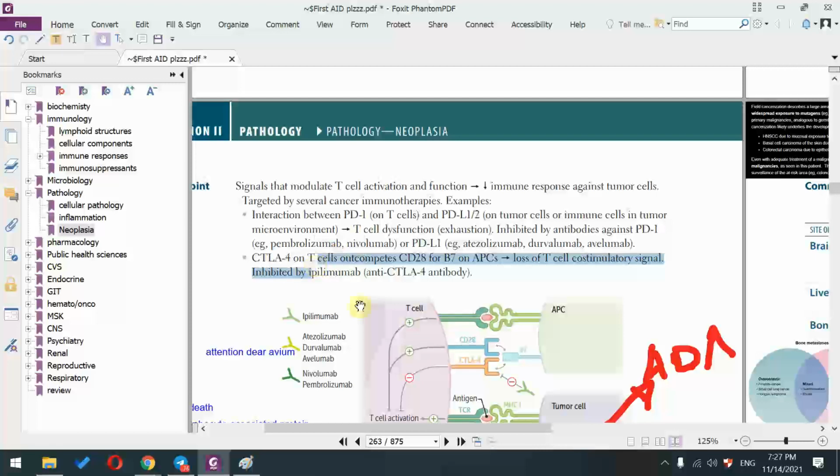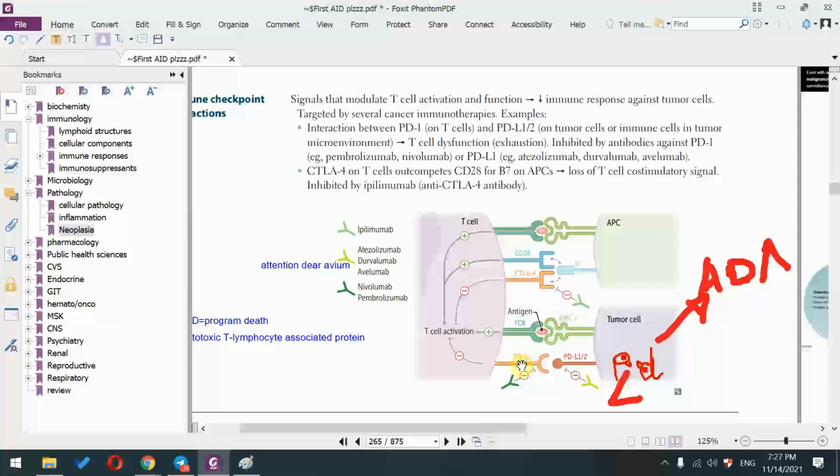They write an interaction between the PD1, programmed death 1, oh here it is, an interaction between the PD1 and the PD ligand 1 and 2 on the tumor cells, or the immune cells in the tumor microenvironment, can lead to T cell dysfunction. So when these two bind to each other, they lead to T cell dysfunction.